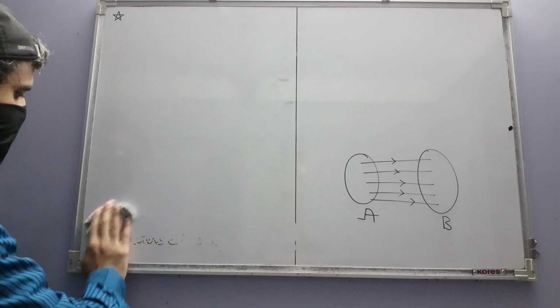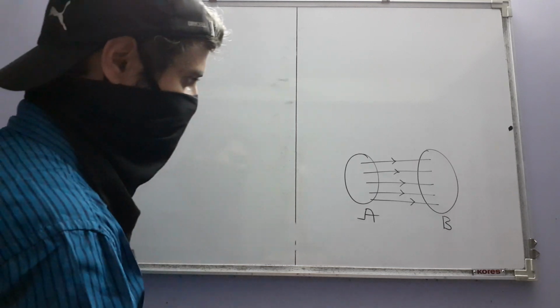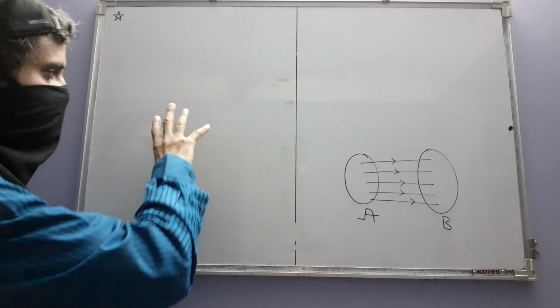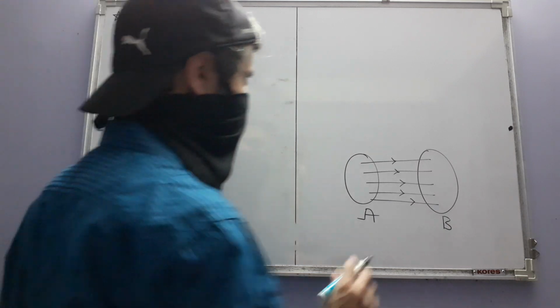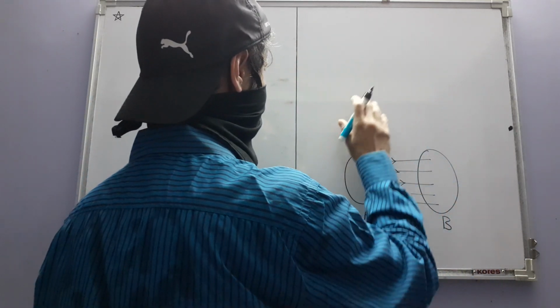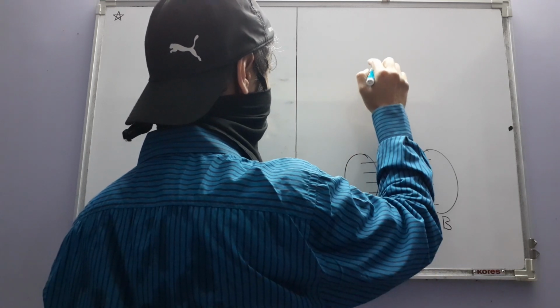Now, since we are going to have to use the previous exercise, let us just recall the previous exercise before we start the solution. In the previous exercise, what we showed is this.